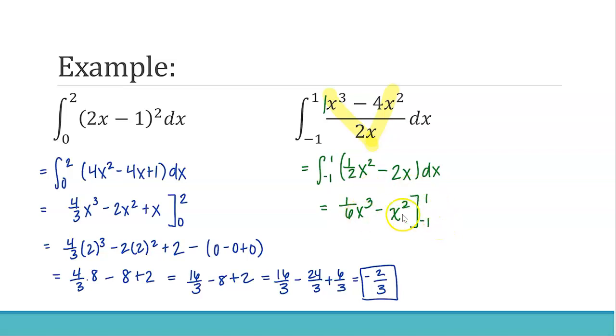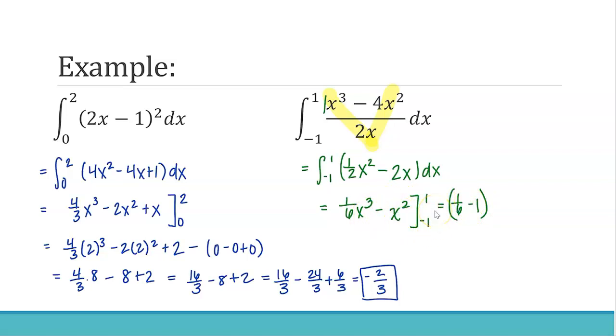And then we're going to plug 1 into each x, and then subtract, plugging in -1 into each x. So we have 1/6 minus 1. So what I did there was just plug a 1 into each x. So 1/6 times 1 cubed is 1/6. If I plug in a 1 right here and square it, I get -1. So that's plugging a 1 into each x.